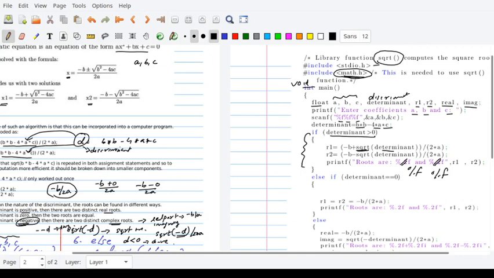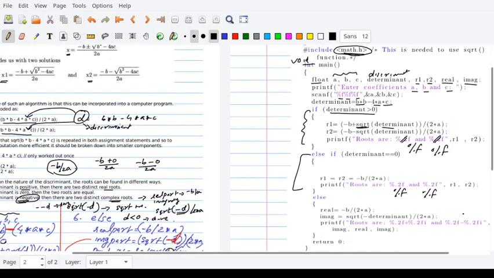If the determinant is not positive, if the determinant is 0, that is the case with this block. So else if the determinant is equal to 0, both roots are the same, given by minus b by 2a. So r1 is equal to r2 is equal to minus b divided by 2*a, and you will print the roots are %f, r1, r2.